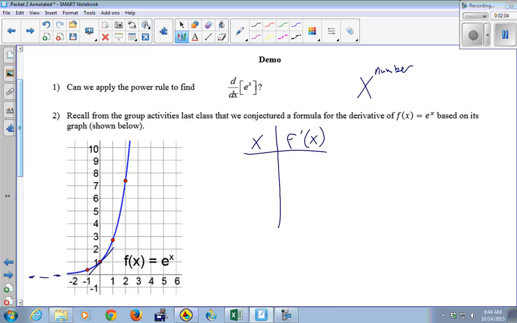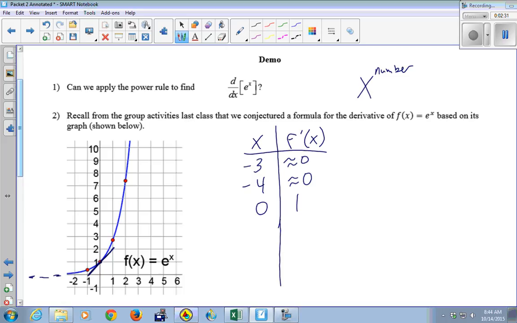So if I try to make a little chart, x and f prime of x, the x value and the slope of the tangent line: when we're pretty negative, like -3, -4, those seem approximately 0, really close to 0, a teeny bit positive. And when x is 0, the tangent line has a slope of 1.